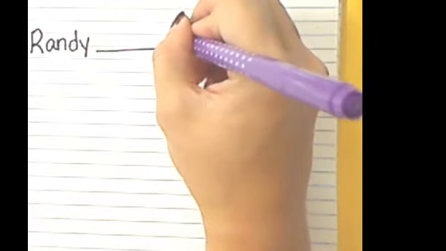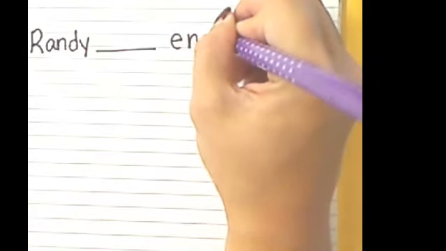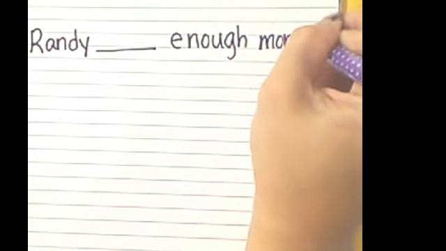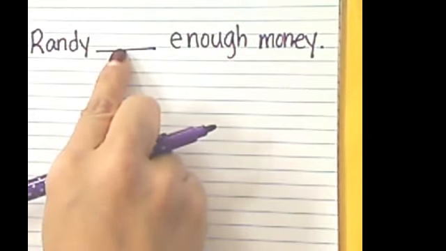So let's talk about Randy. Randy blank, you'll either write has enough money or doesn't have enough money. And we're just going to finish it with enough money. So here you're going to fill in has enough money or doesn't have enough money. Okay?